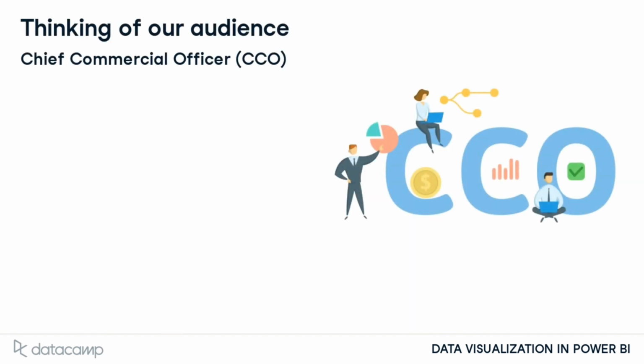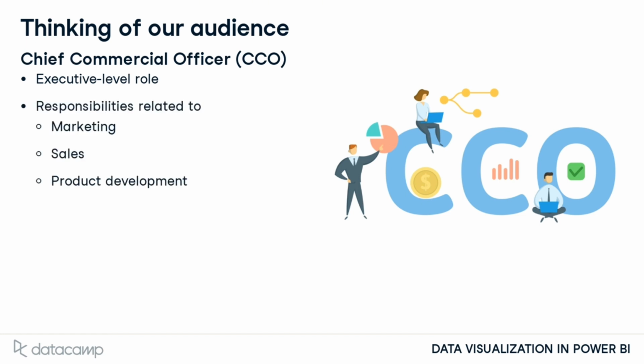In our upcoming exercises, we will work on projects the company's Chief Commercial Officer, or CCO, assigned to us. This executive level role can have a long list of responsibilities related to marketing, sales, and even product development within a company. Ultimately, their top concern is the company's commercial success, and usually they report to the CEO of an organization.